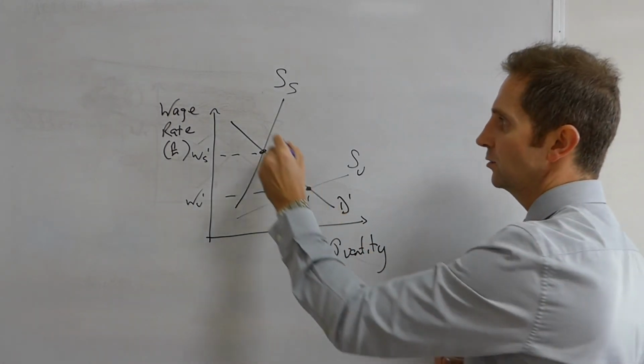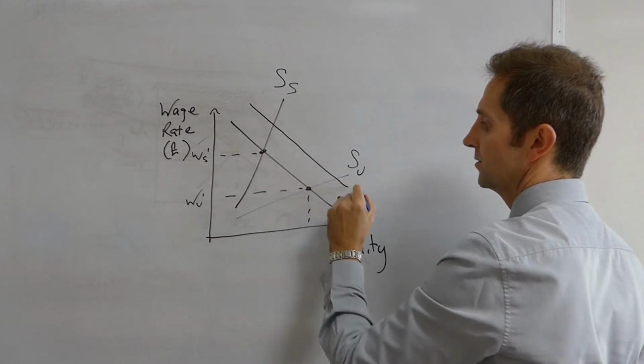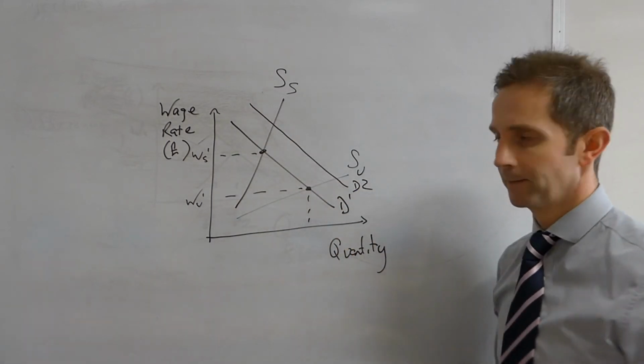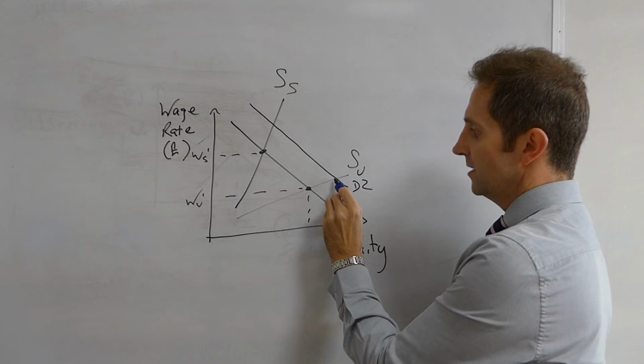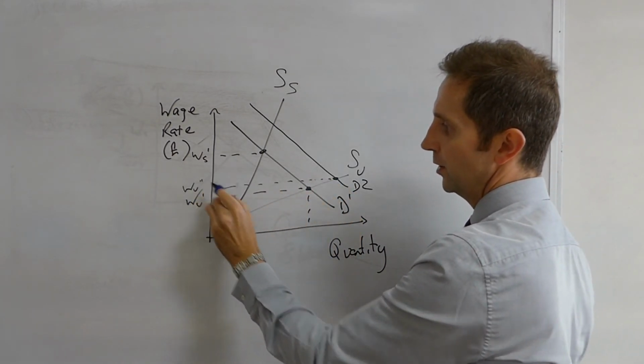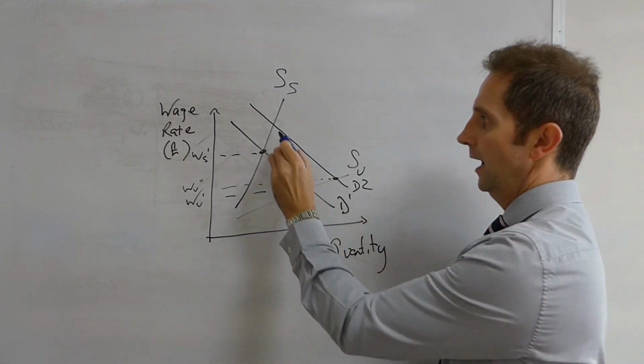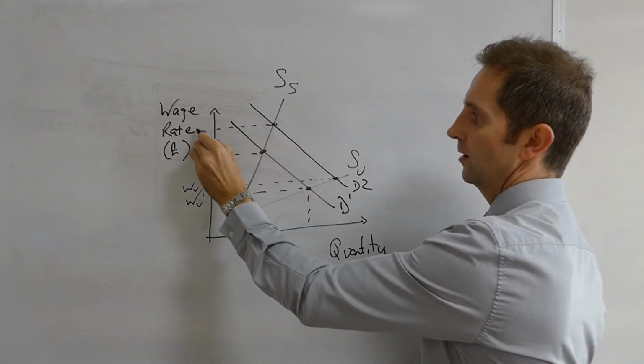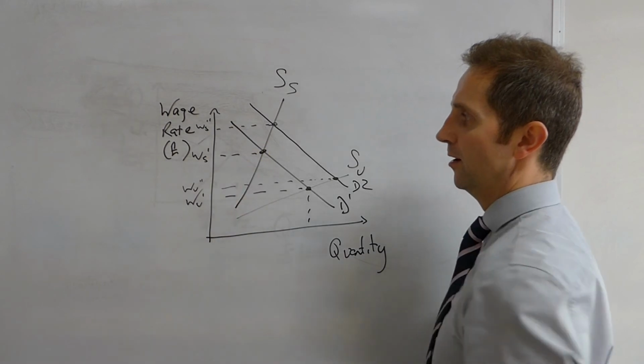So let's say demand increases, so we shift it parallel, so demand goes to D2. Now we can indicate the new wage for the unskilled worker, WU double prime, and the new wage for the skilled worker, WS double prime.